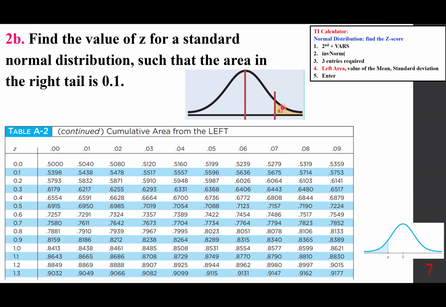So if the area to the right is 0.1, this area must be 1 minus that, because the total area under the curve must be 1. So having said that, we want to locate 0.9 here.